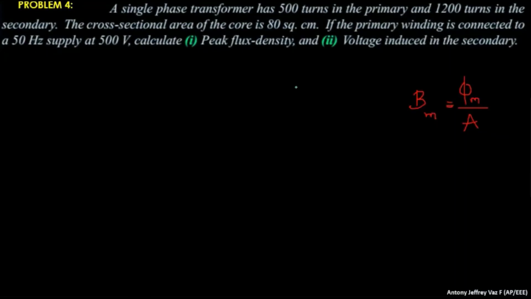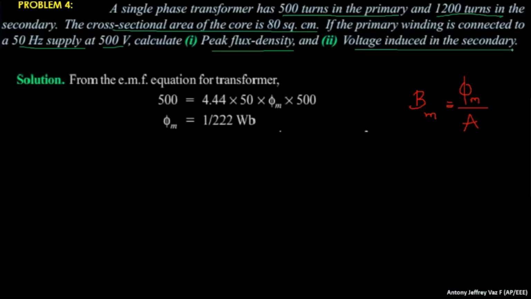Here you have the fourth problem. A single phase transformer has 500 turns in the primary and 1200 turns in the secondary. The cross sectional area of the core is 80 square centimeter. If the primary winding is connected to a 50 hertz supply at 500 volt, calculate the peak flux density and the voltage induced in the secondary.